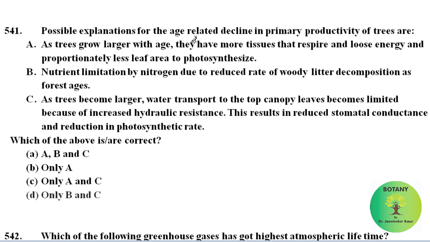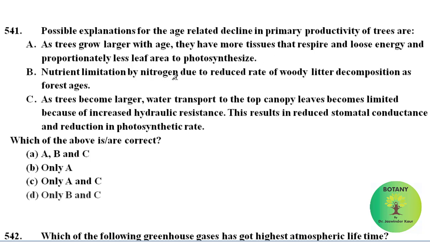Possible explanations for the age-related decline in primary productivity of trees are. Here we have to find the correct option. As trees grow larger with age, they have more tissues that respire and lose energy, and proportionately less leaf area to photosynthesize. This is the wrong statement.